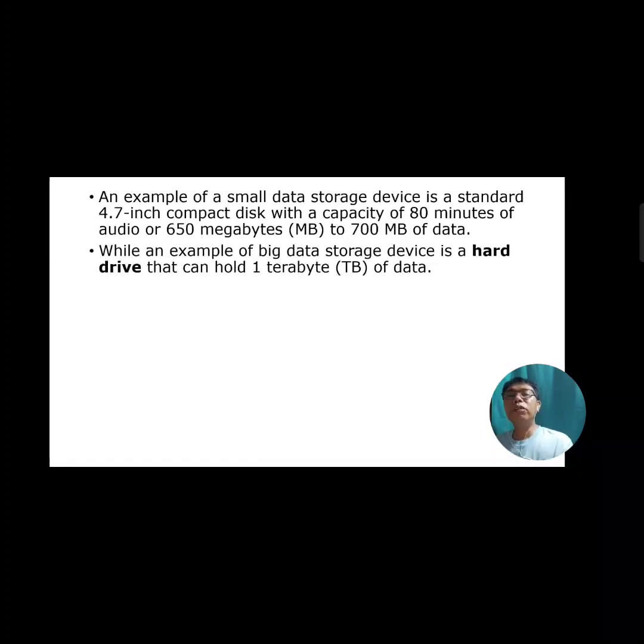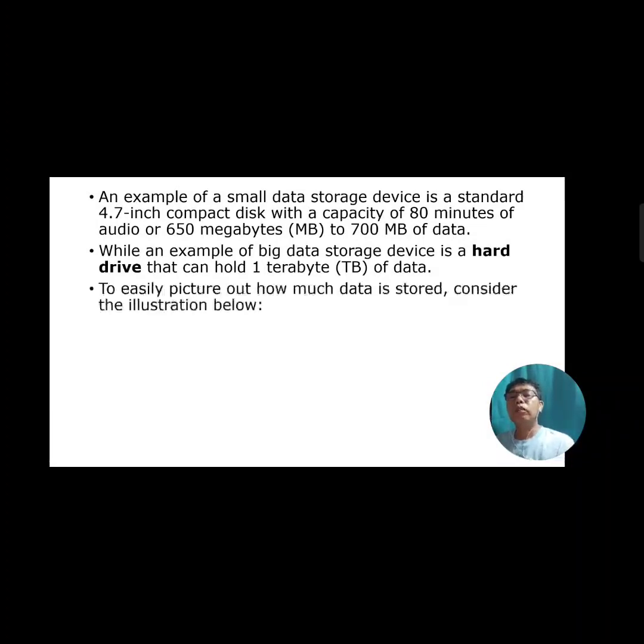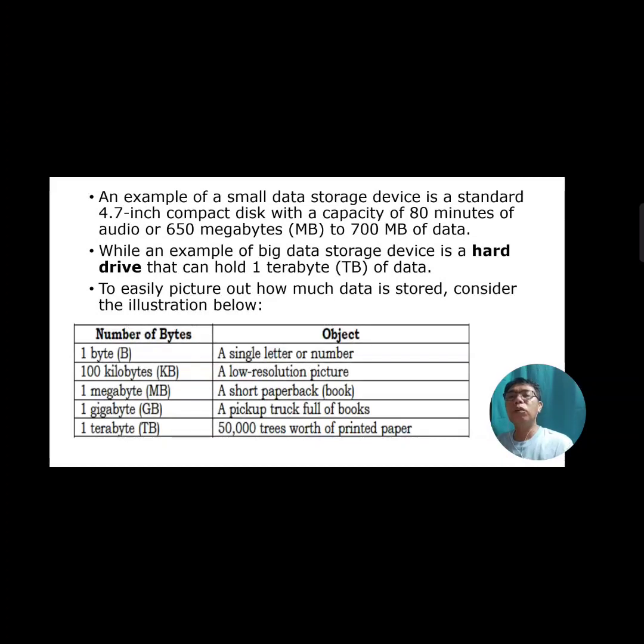While an example of a big data storage device is a hard drive that can hold 1 terabyte of data. Nowadays, the capacity of the hard drive is 1 terabyte. To easily picture out how much data is stored, consider the illustration below.